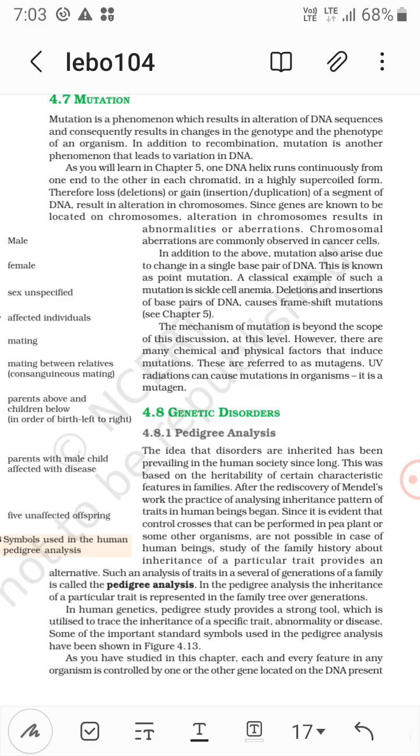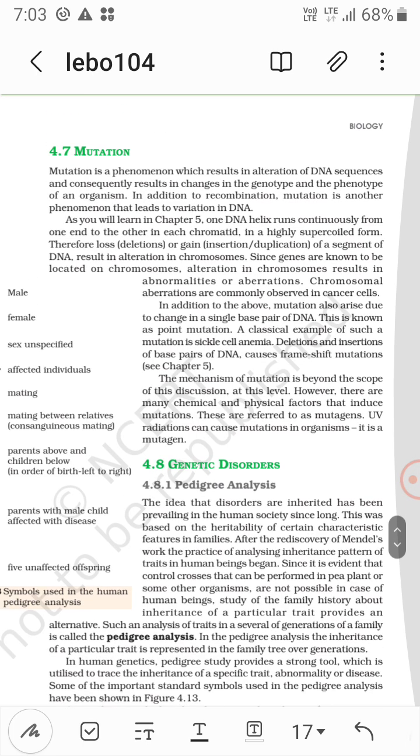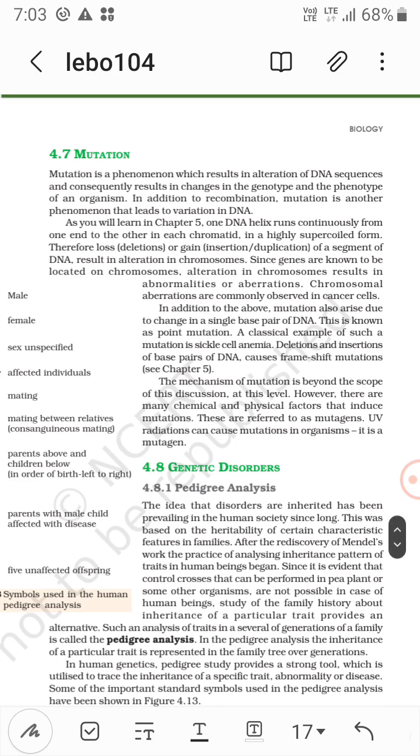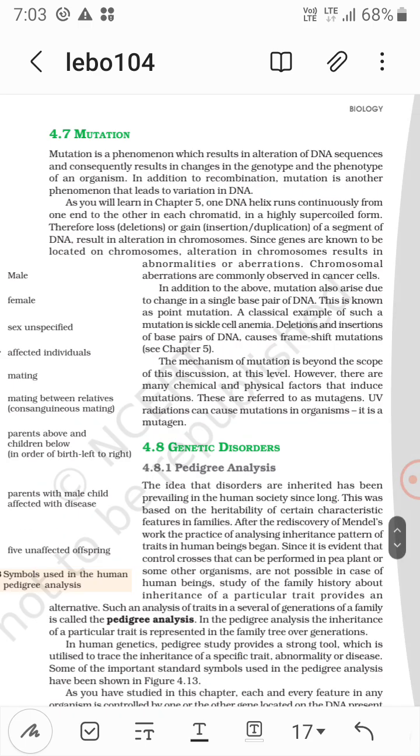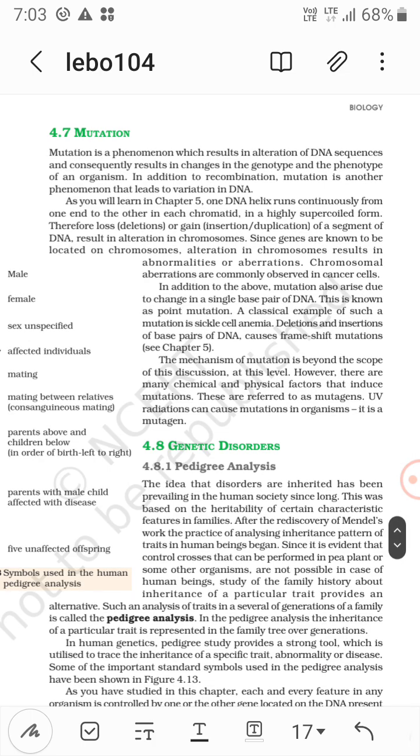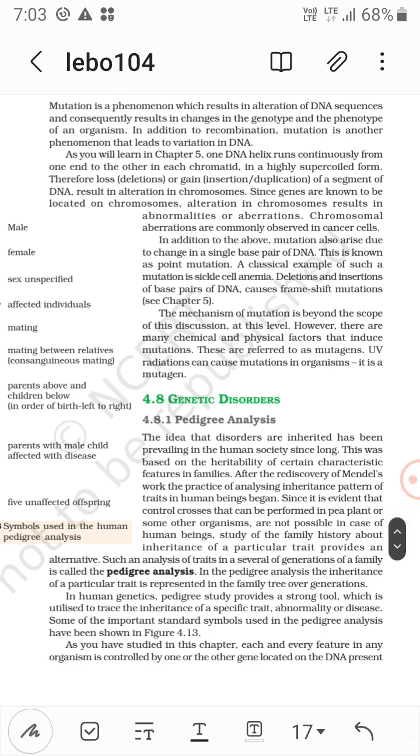Since genes are known to be located on the chromosomes, alteration in chromosomes results in abnormalities or aberrations. Chromosomal aberrations are commonly observed in cancer cells.